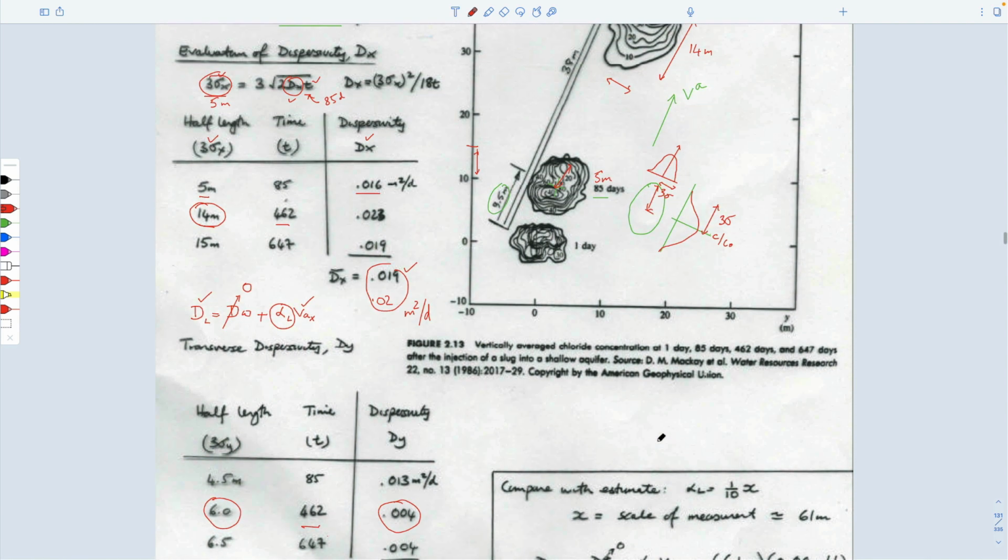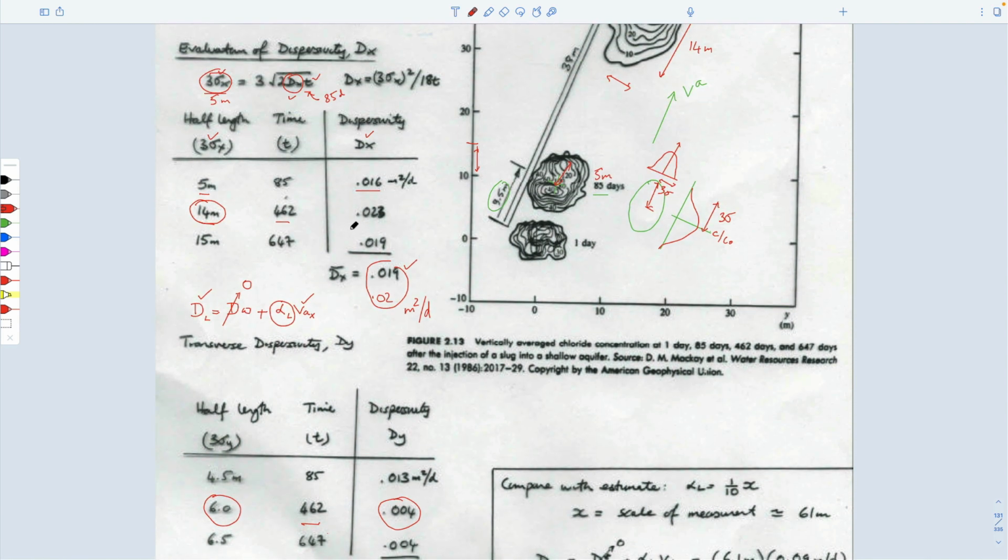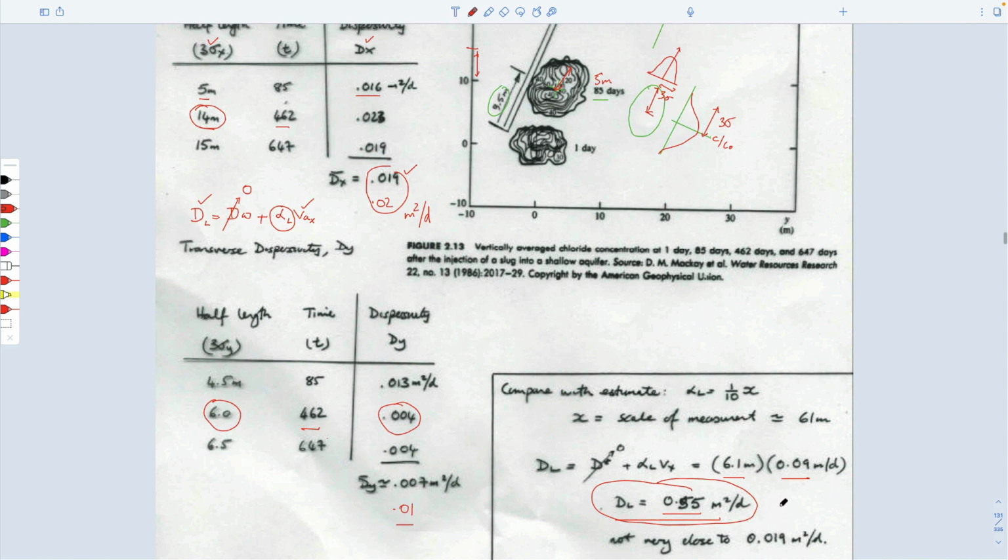If we use this natural gradient test, we end up with a magnitude which is 0.02, which isn't very close. Which I guess is this value down here. And that's an equal sign with a line going through it.